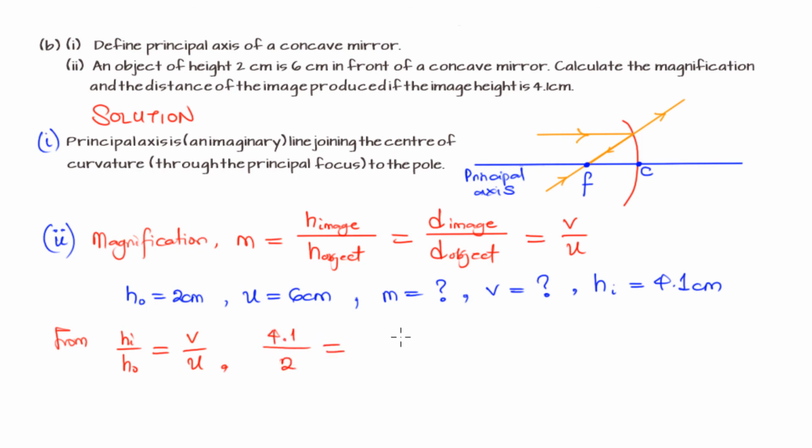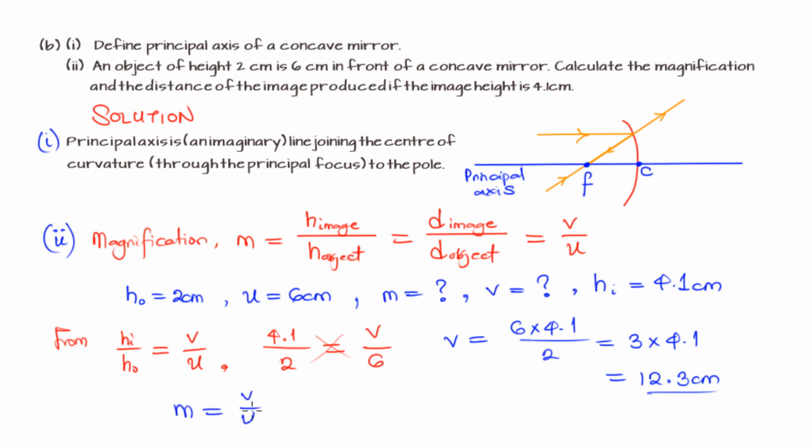So if we substitute all these values, we will have 4.1 over 2 is equal to V over 6, so that V is 6 times 4.1 over 2. If we cancel, that will be 3 times 4.1, and that will be 12.3 centimeters. So the image distance is 12.3 centimeters.